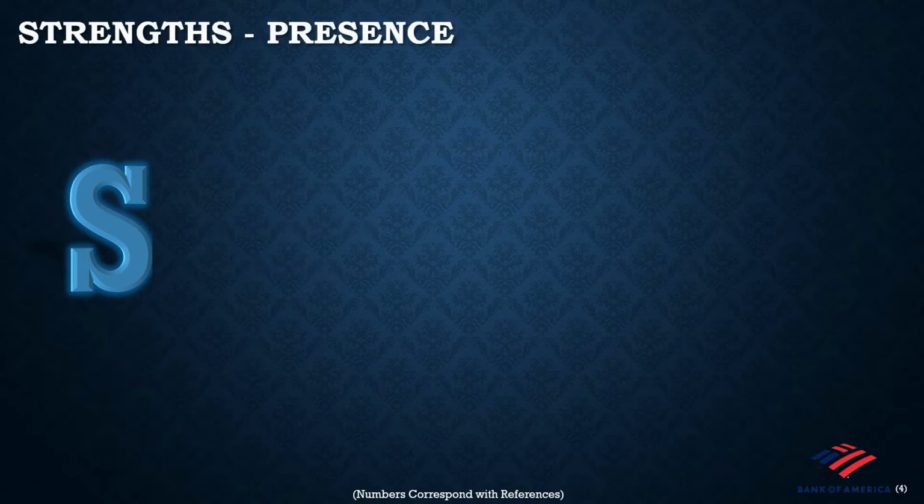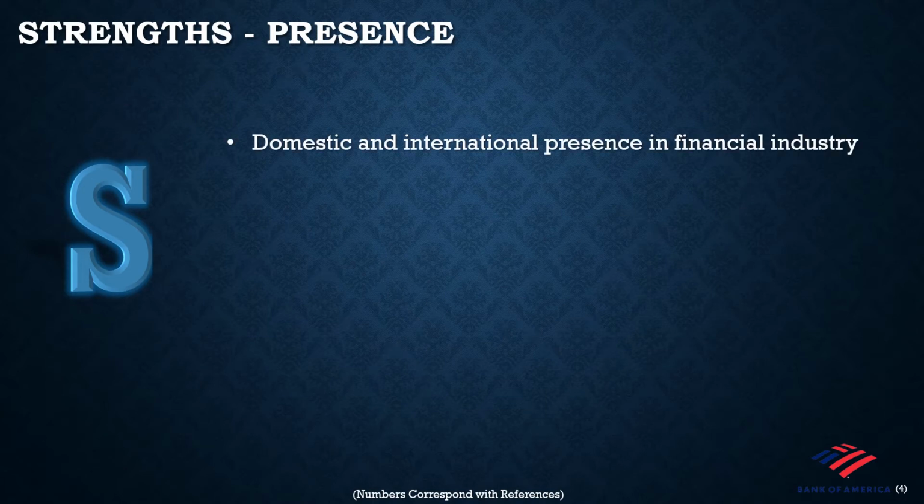Strengths is their presence. And in this presence, we're talking about their domestic and international presence in the financial industry. With this, they have global banking partnerships. These are strategic alliances with industry partners around the world so as to provide basic banking services for Bank of America clients when they are traveling abroad.